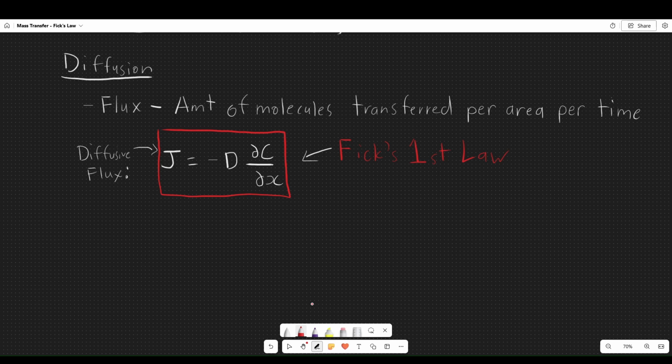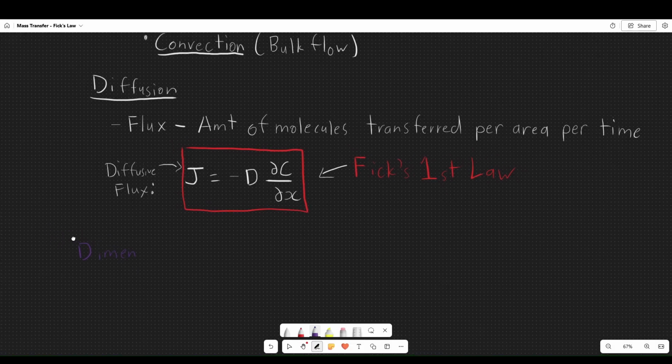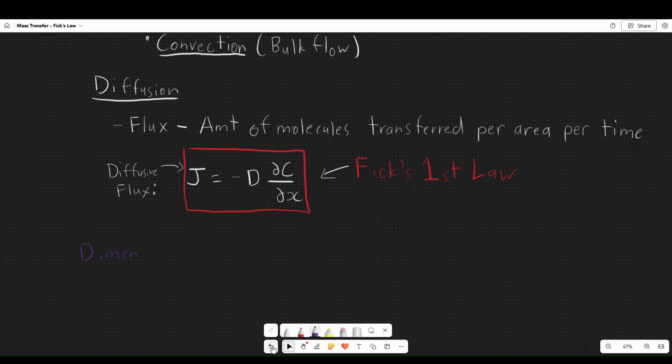Now, you might remember that when we were talking about heat transfer, we introduced dimensionless parameters. There's something very similar in mass transfer as well.